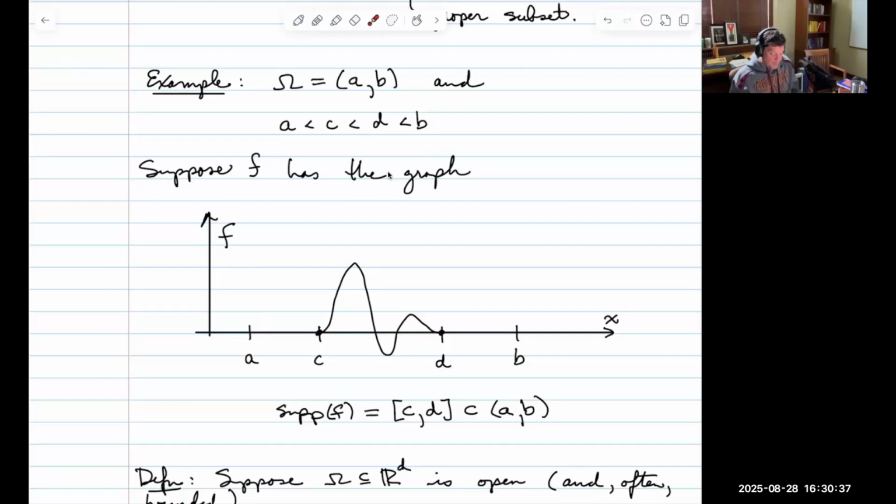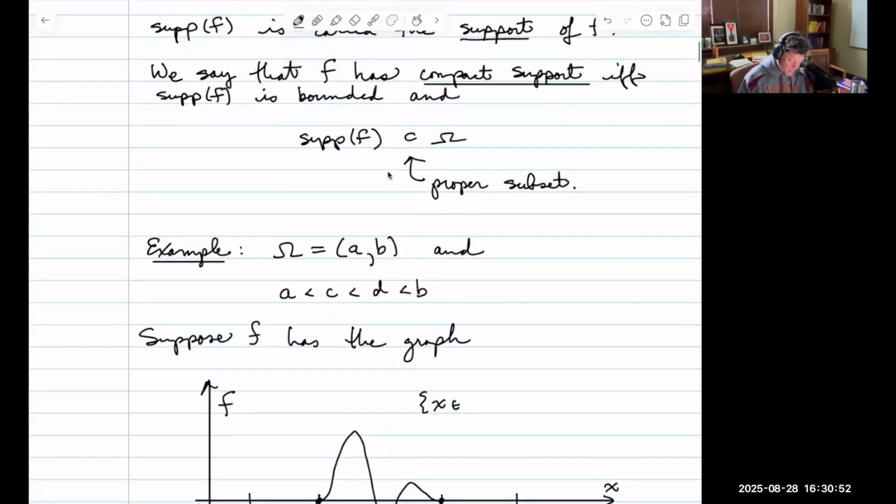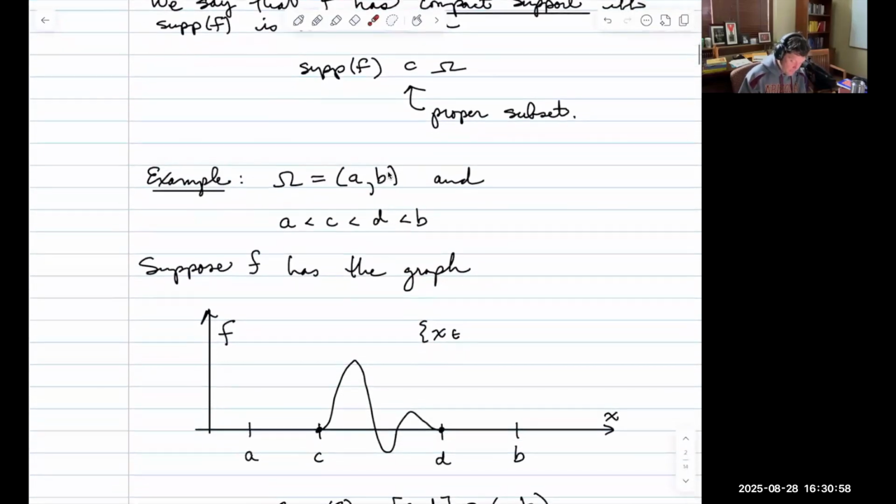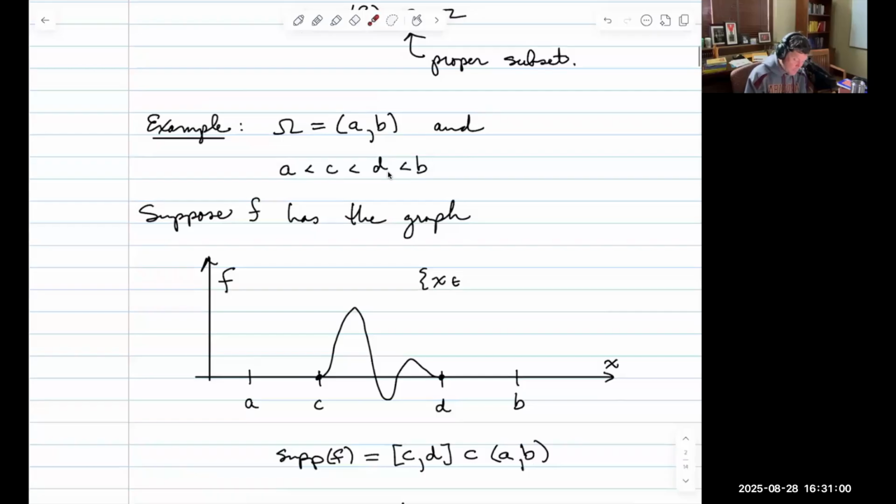So then the question is, well, what's the set of points for which f is non-zero? Remember our definition: it's going to be x in the domain of definition omega. So what was the domain of definition?